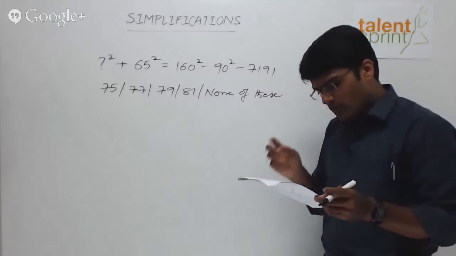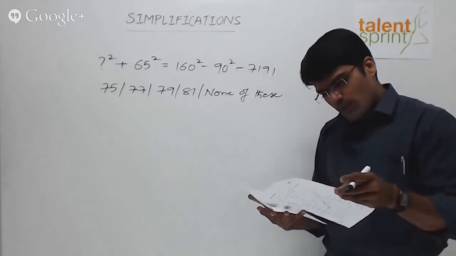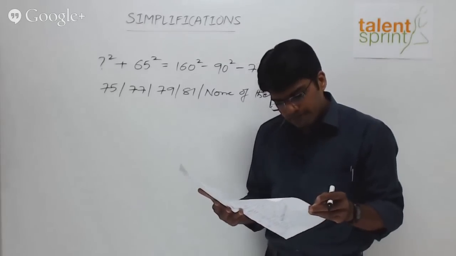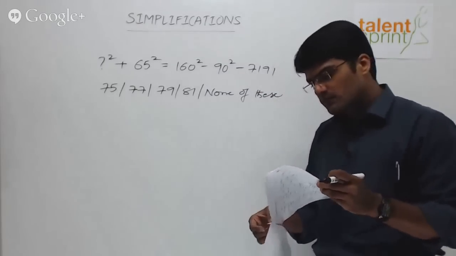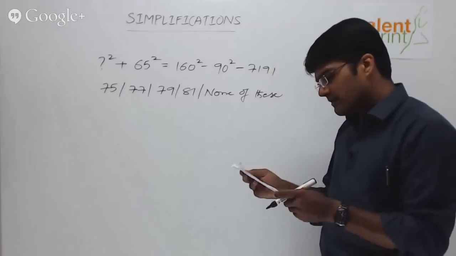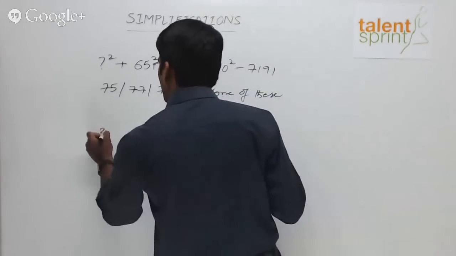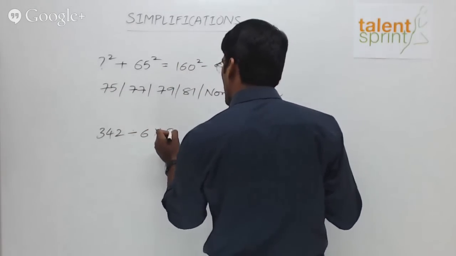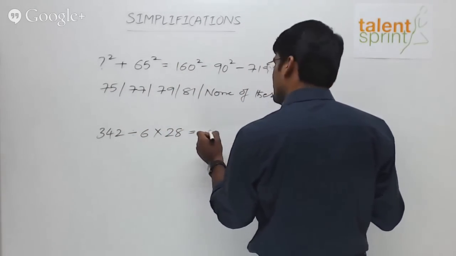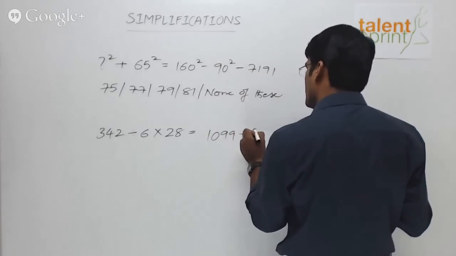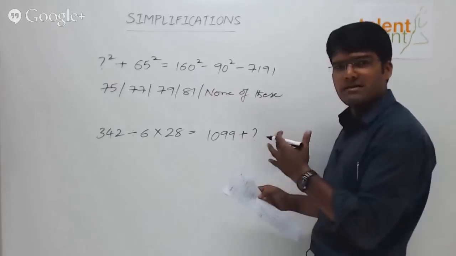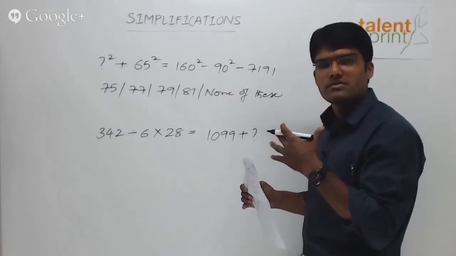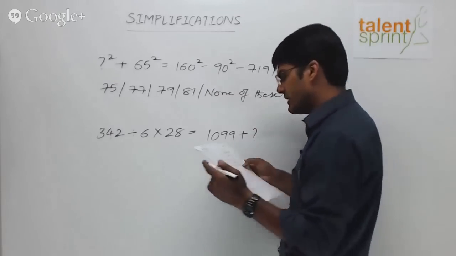And I would like to give you one more question. Let's see. 342 divided by 6 into 28 equals to 1099 plus what? All are simple BODMAS based questions. You just have to follow that rule, simplify, and you'll get the answers.